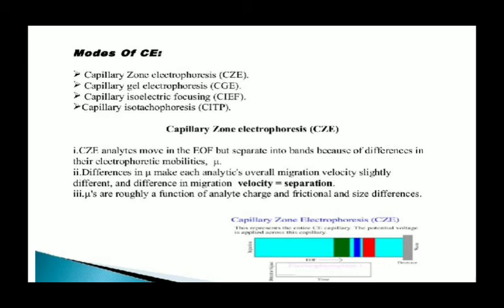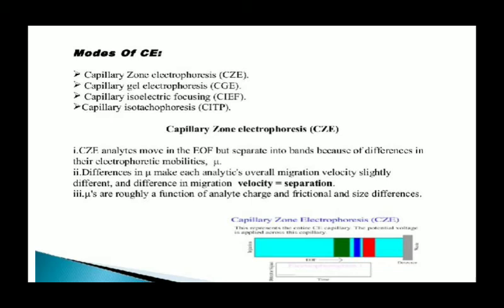By its name you can understand that the result obtained will be in the form of a zone. It is also known as free solution capillary electrophoresis, which is very quick, easy and the most commonly used mode of capillary electrophoresis.